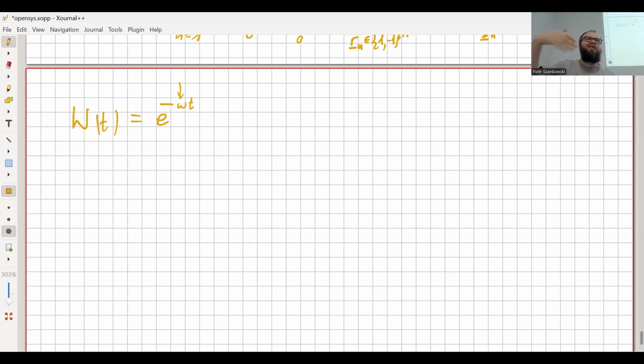This is the fundamental constant that defines the process, the switching rate. So you have this exponential decay, and then it multiplies a hyperbolic cosine. Again, w t, and the frequency is the square root of w squared minus lambda squared.